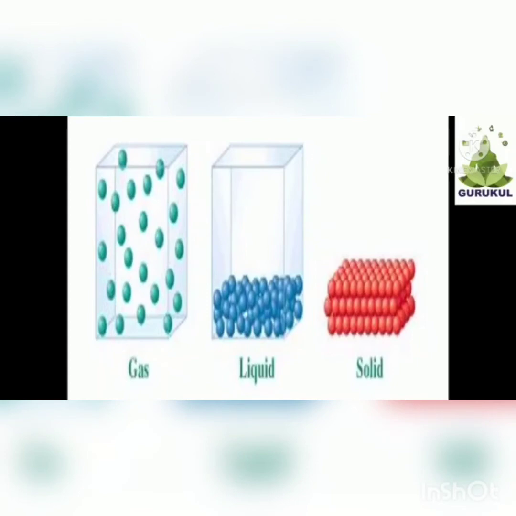In all the 3 states, the individual particles of water remain the same. It means that in the state of solid, in the state of liquid, or in the gaseous state, the particles of the water remain the same.